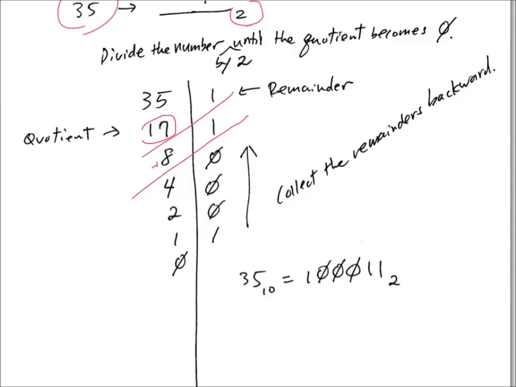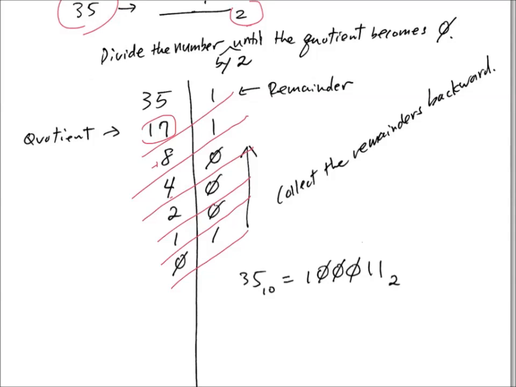If you divide 8 by 2, the quotient will be 4, and the remainder will be 0. If you divide 4 by 2, quotient will be 2, and the remainder will be 0. If you divide 2 by 2, quotient will be 1, and the remainder will be 0. And if you divide 1 by 2, quotient will be 0, and the remainder will be 1.